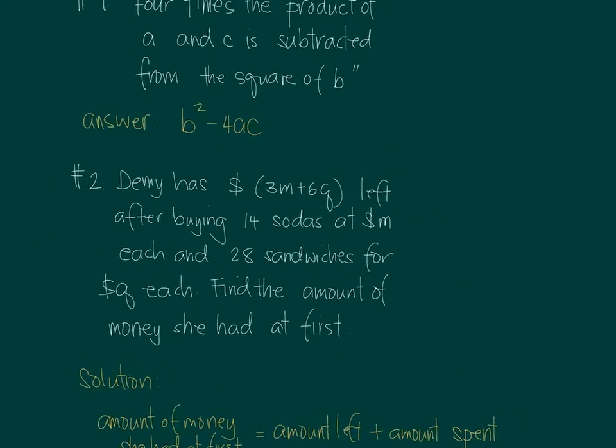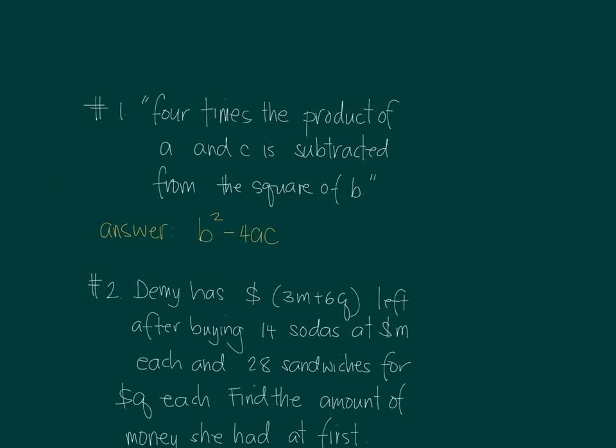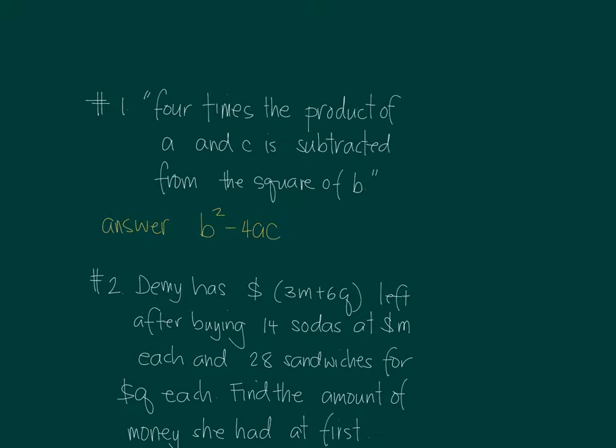Number 1 is basically translating the statement: 4 times the product of A and C is subtracted from the square of B. So something will be subtracted from a given expression.